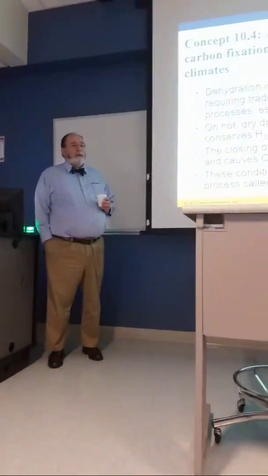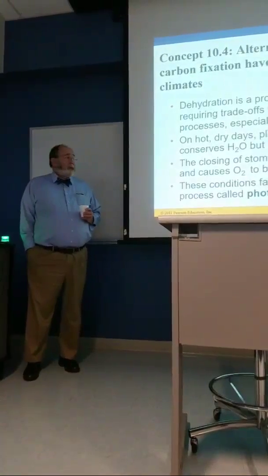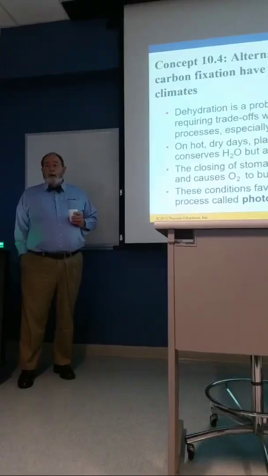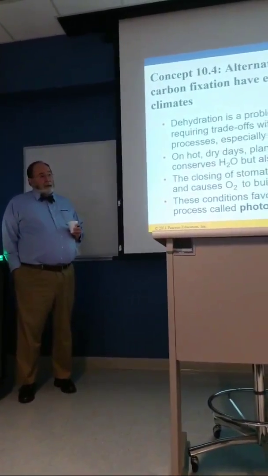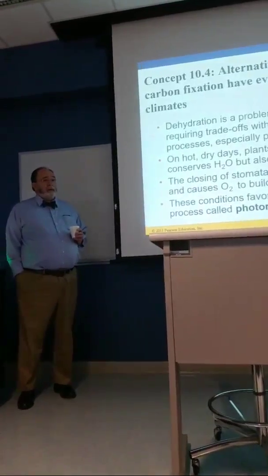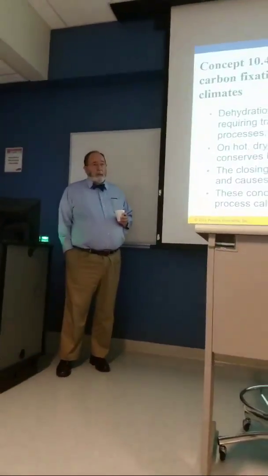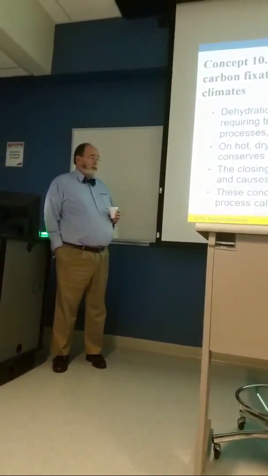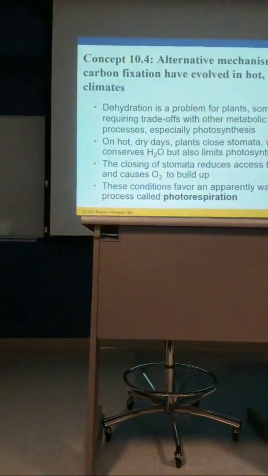In a very dry, arid environment, whenever these plants open up their stomata to take in carbon dioxide, they're also letting out water vapor. Many of these live in areas where there is very little water. It's precious. They don't want to lose it. For that reason, some plants have devised other ways to go through carbon fixation to get the carbon.